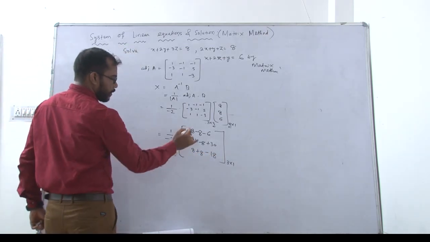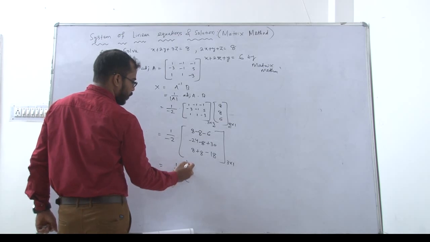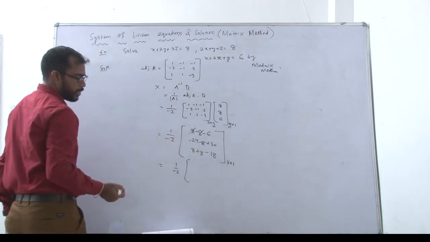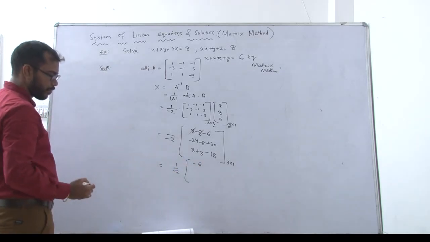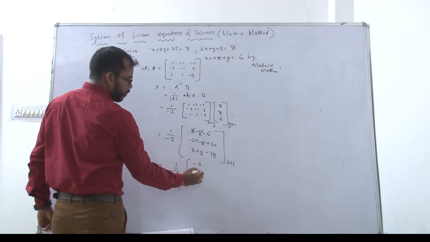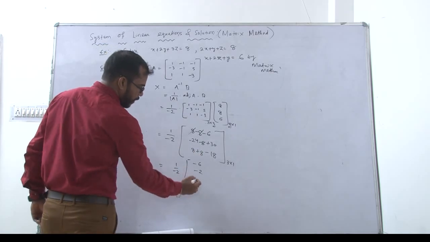So if we calculate them, 1 by minus 2 into, 8 minus 8 minus 6, we get minus 6, and minus 32 plus 30, minus 2, and the last one is 16 minus 18, that is minus 2.